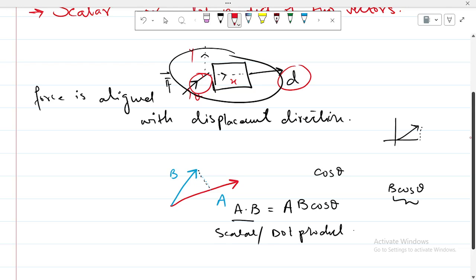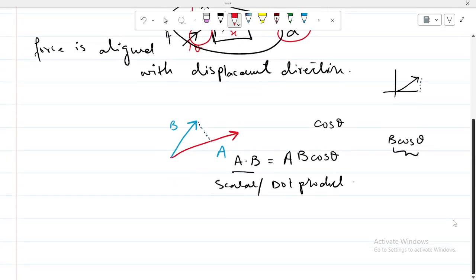One of those is going in the direction of displacement. We want to find out how much of it is aligned. So it is simply F t cos theta, and we can also write it as F dot t. Now you might have already recognized that this is the definition of work done.